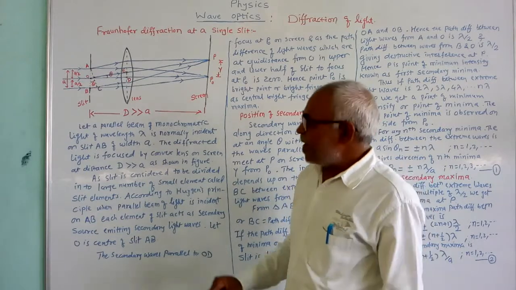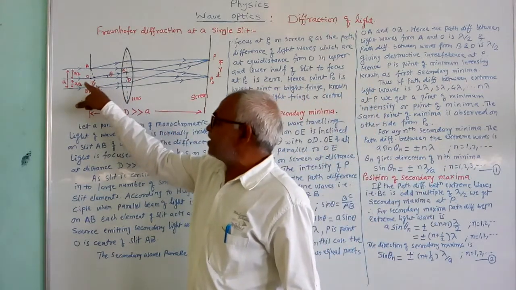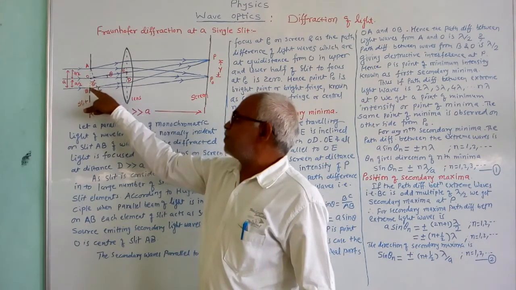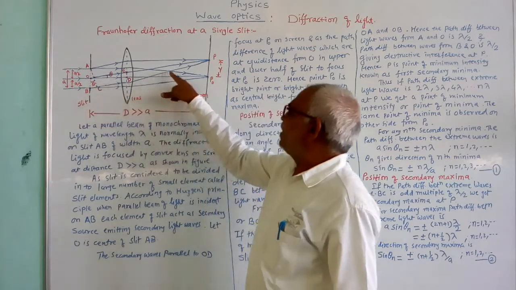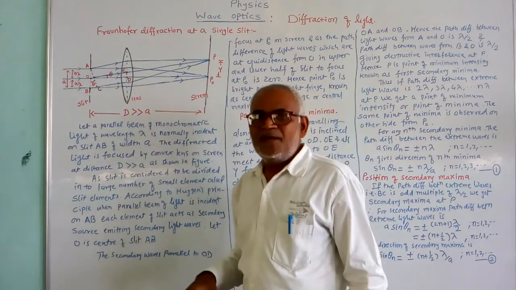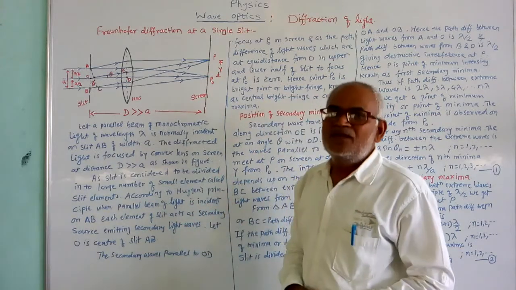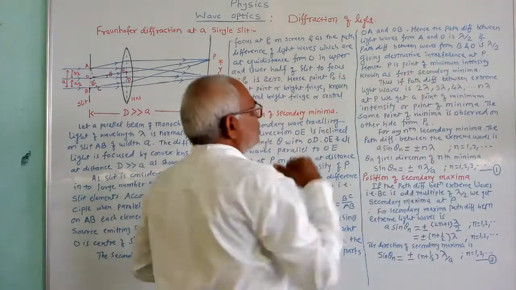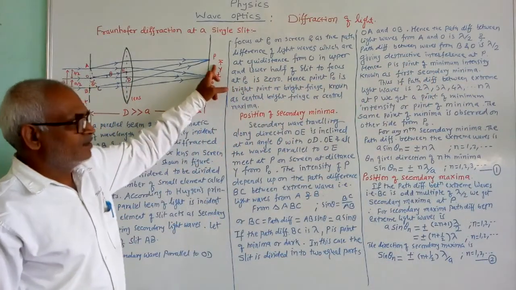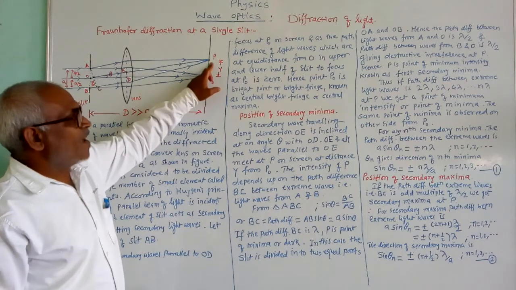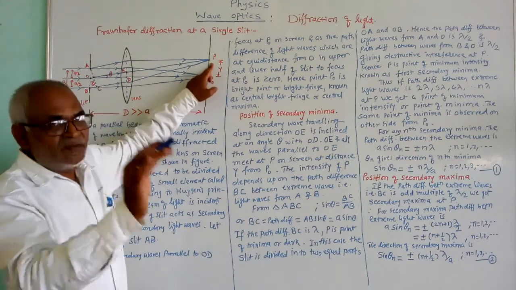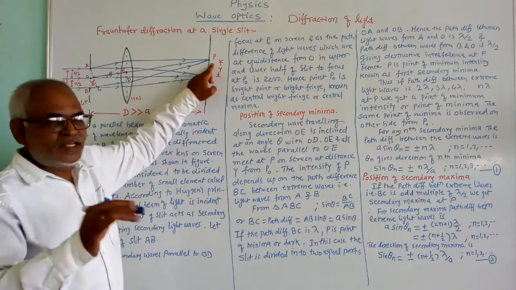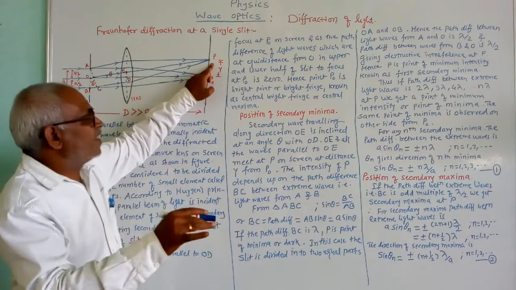Also the path difference between the extreme light waves in the lower half, that means between the light waves emitted from point O and point B so as to reach point P, is again lambda by 2. That means we get destructive interference at point P. Hence in that case point P is a point having minimum intensity, known as a point of minima, and it is known as the first secondary minima.